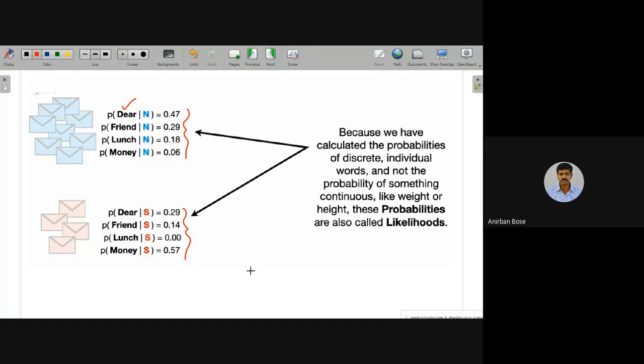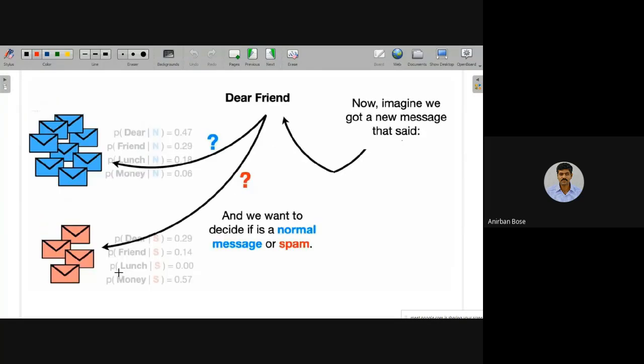Because we have calculated the probabilities of discrete individual words and not the probabilities of something continuous like weight or height, these probabilities are also called likelihoods. Sometimes they are called likelihoods because they are of a discrete data set, not a continuous data set. This is just a terminology to remember. Sometimes they are used as probability, sometimes they are called likelihood.